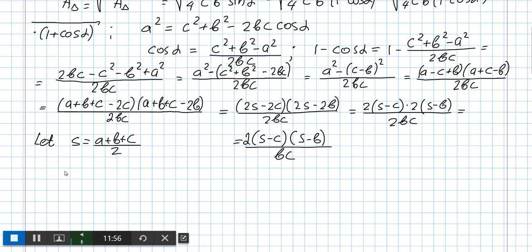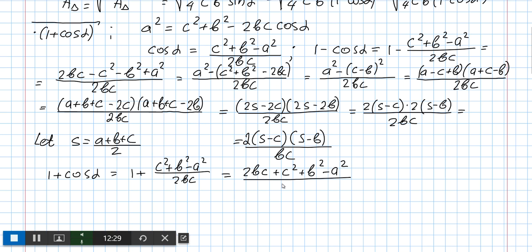Now I do the same thing for the expression 1 plus cosine alpha. This gives 1 plus (c square plus b square minus a square) divided by 2bc, which equals (2bc plus c square plus b square minus a square) over 2bc.